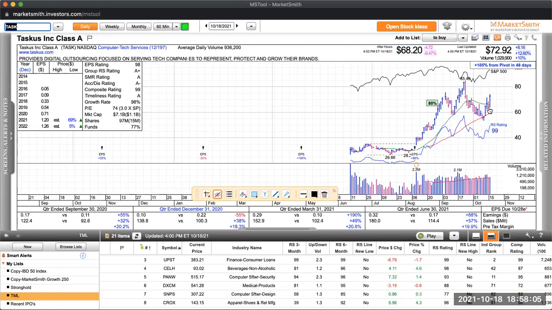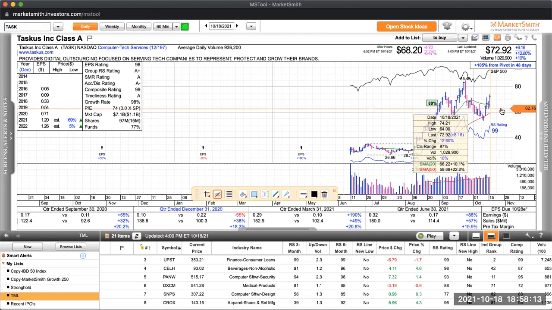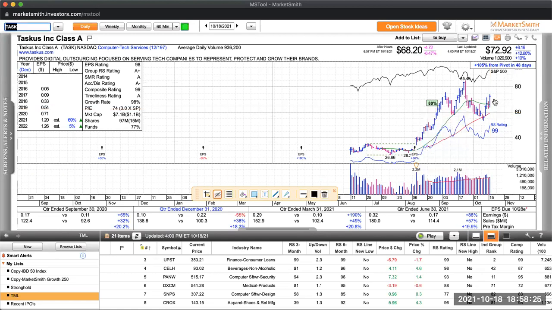If something can move 12% up, it can move 12% down too. Most of my stops are somewhere between 7-8%, and 8% is probably the max, so I will be stopped out right away in that volatility.